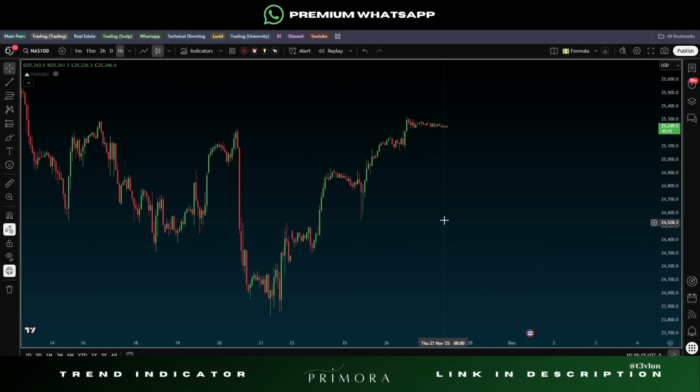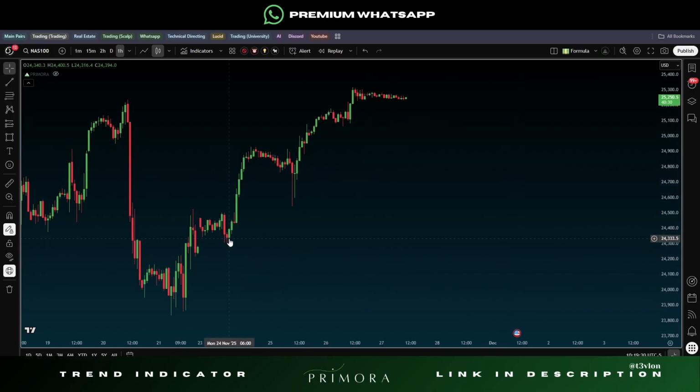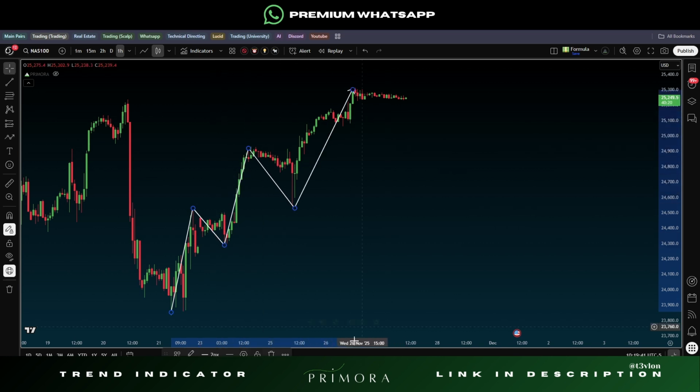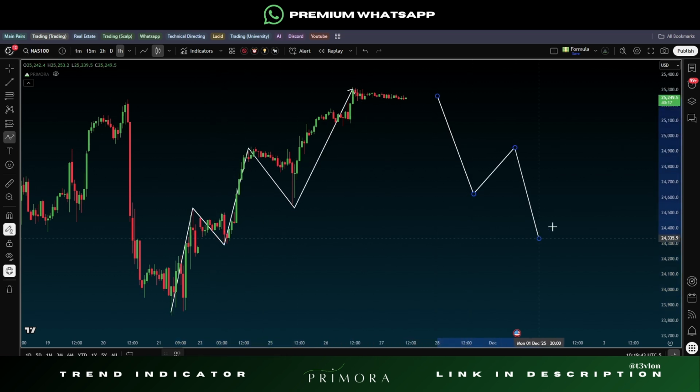Alrighty folks, so the last part of this lesson right here, the last thing that you're going to need, as you now understand what candlesticks look like, what they do, how they operate, what they represent in terms of time, what they are in terms of demand and supply, and what you're waiting for to identify what a trend looks like when it's going up or when it's going down.